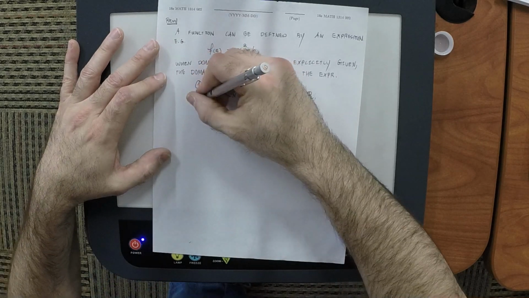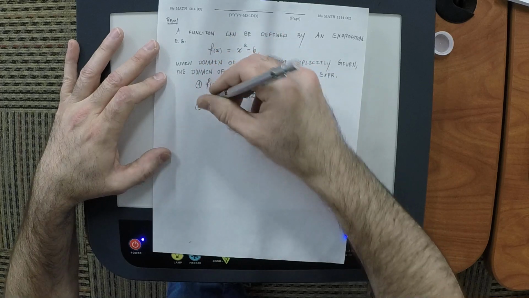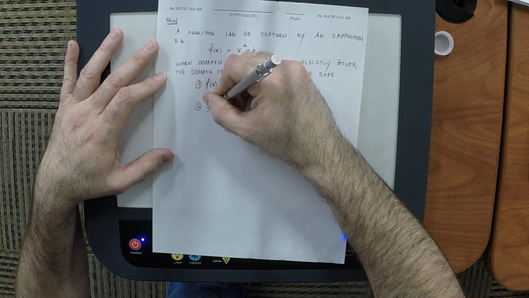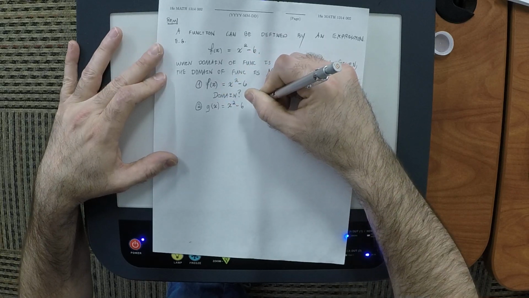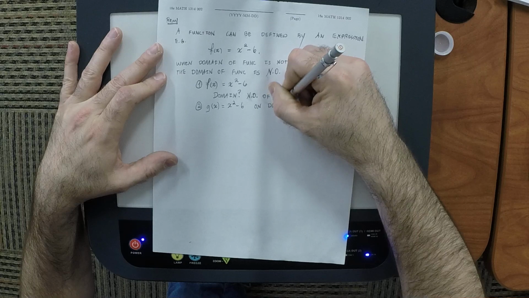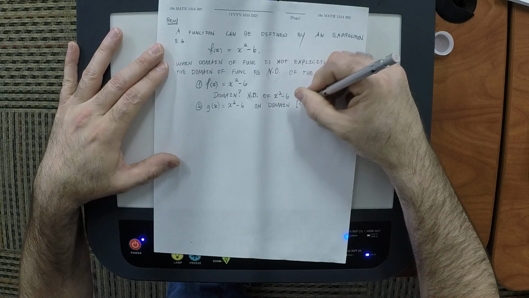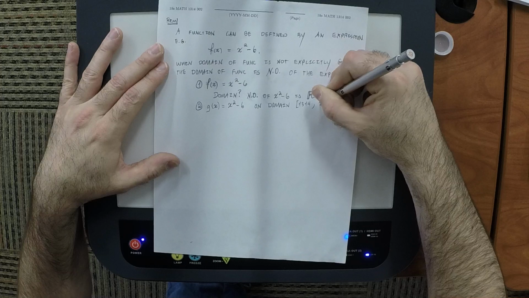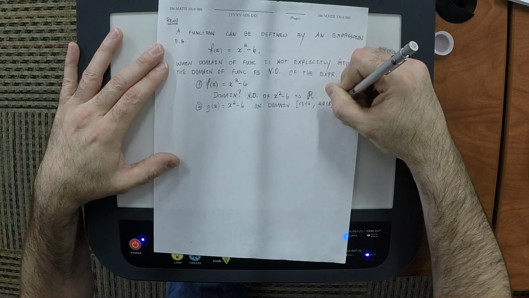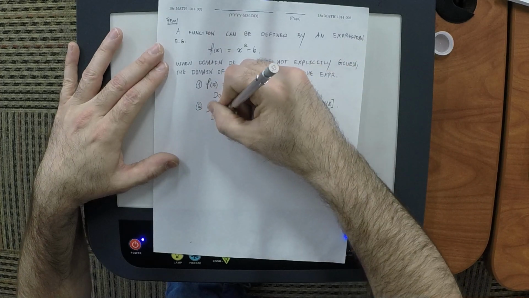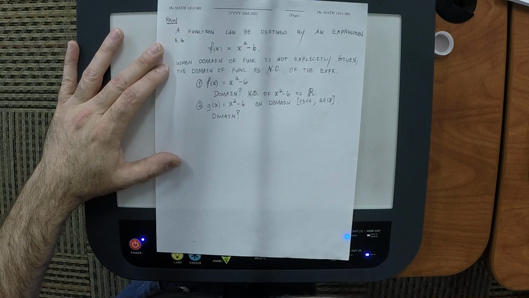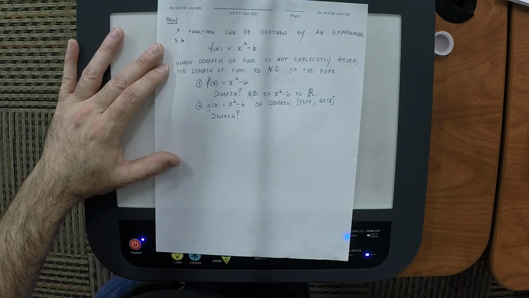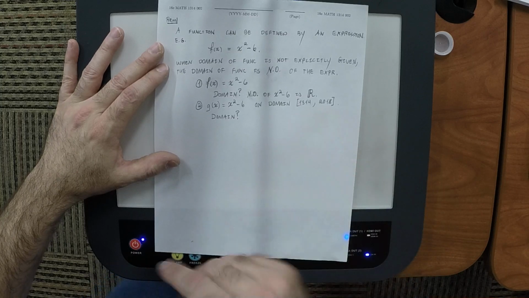Whereas I could give an example like this: g of x is x squared minus 6, and then I'll say on domain 1314 to 2018, and then I'll ask what's its domain. Yeah, it's right there. We wrote it down.